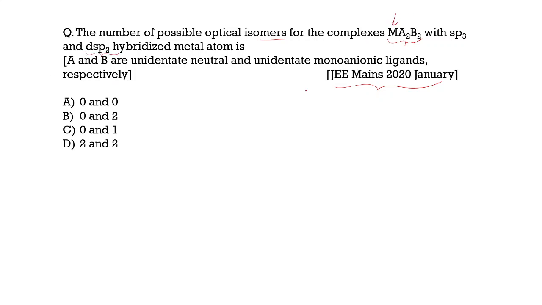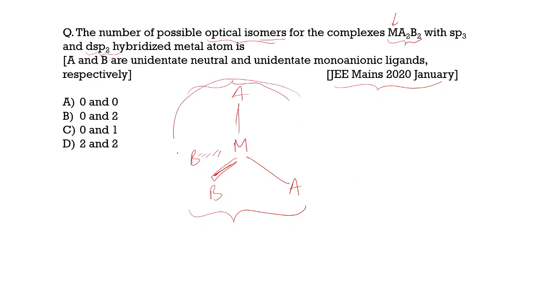So this is your central metal atom, and if it is sp3, then it has a tetrahedral geometry, and you have these attachments A and B, and you cannot achieve chirality here, right? So optical isomers are not possible, because you can't get two different kinds of molecules here which will rotate the plane of polarized light differently, because any molecule you make like this will be the same, superimposable.